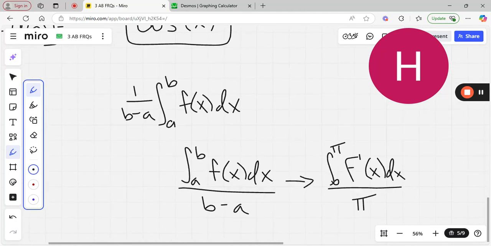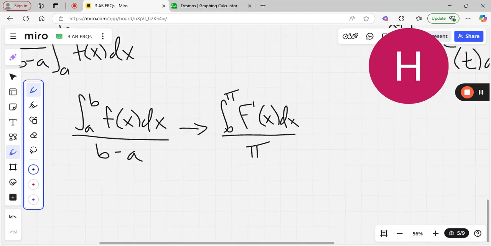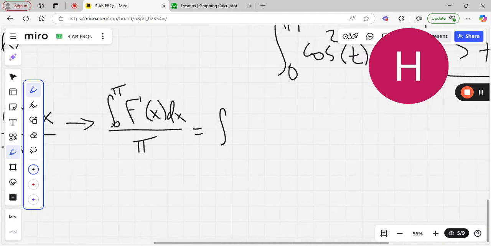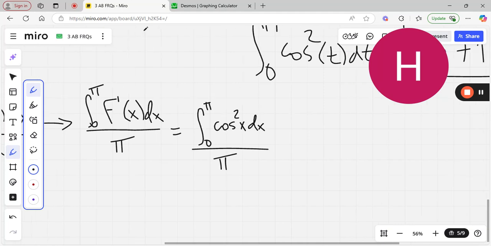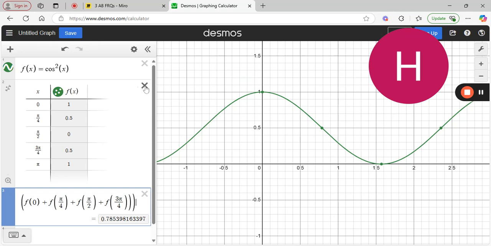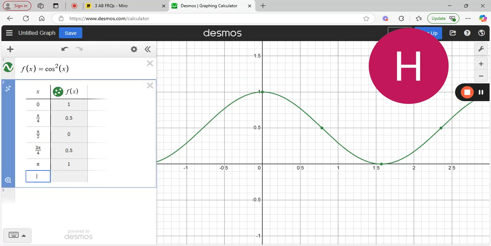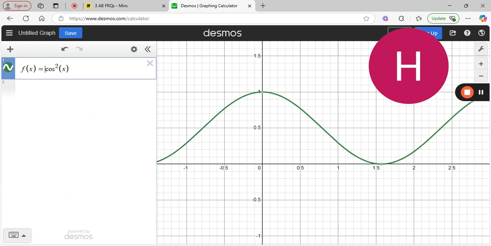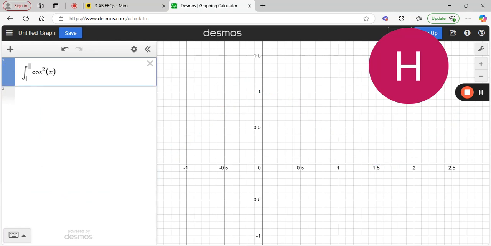Now, what does this come out to be? Well, it's the integral from 0 to pi of cosine squared. Which we didn't exactly calculate, we approximated it, but we could easily calculate that with this. Let's do it here. We can eliminate the table too. We don't need any of this stuff actually. 0 to pi, cosine squared of x, what's missing?